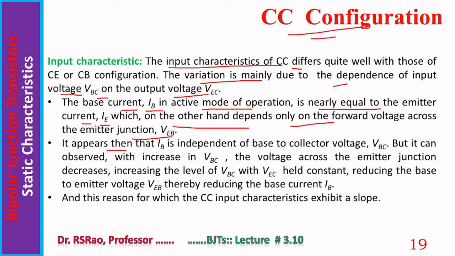It appears then that IB is independent of base to collector voltage VBC, but it can be observed that with increase in VBC, voltage across the emitter junction decreases, increasing the level of VBC with VEC held constant, reducing the base to emitter voltage VEB, thereby reducing base current IB. This is the reason for which the CC input characteristics exhibit slope.